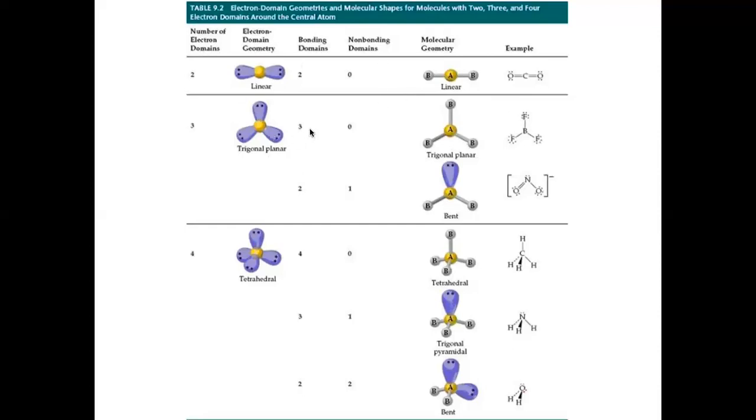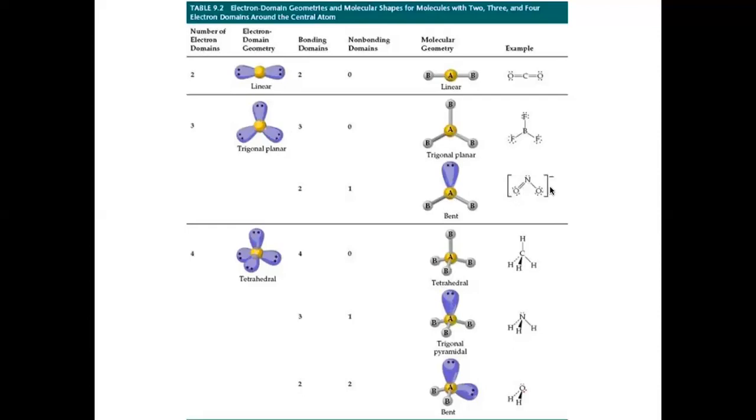Now, in this trigonal planar shape, we also have what we call a bent structure. The difference is that instead of three bonding domains, we have two bonding domains and one non-bonding domain. An example is nitrogen dioxide. In our Lewis structure, there's a double bond formed with this oxygen.